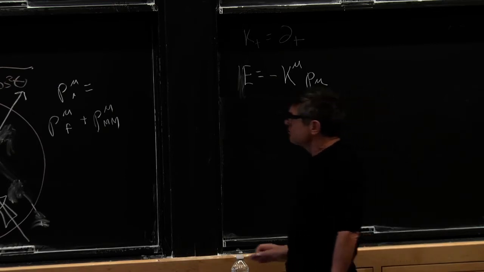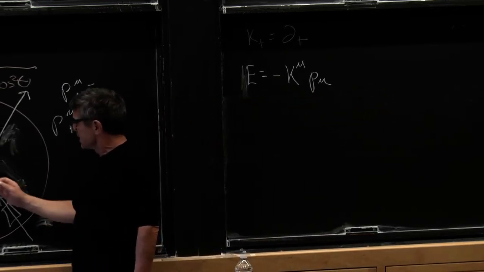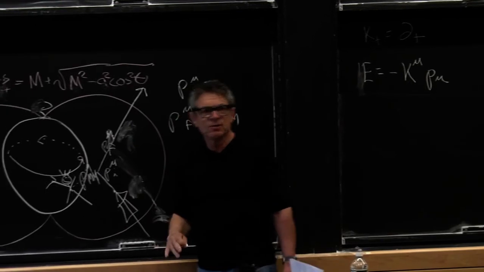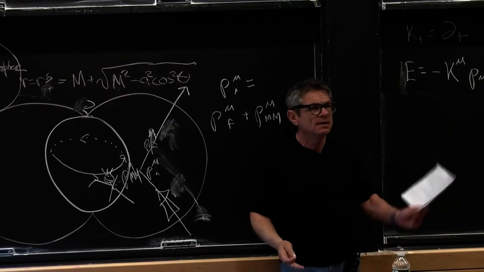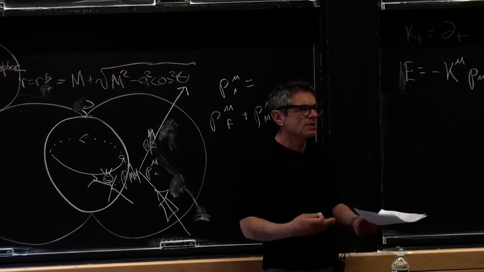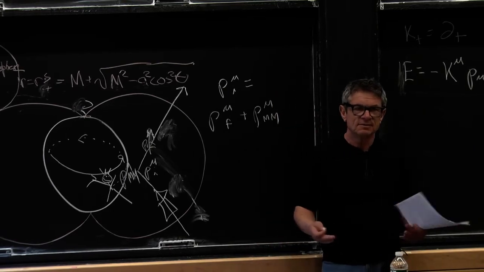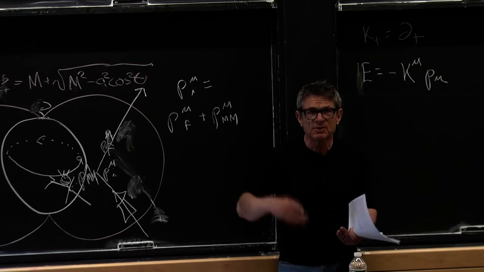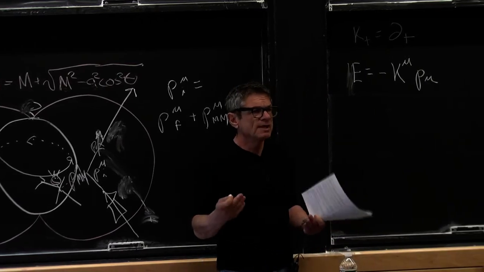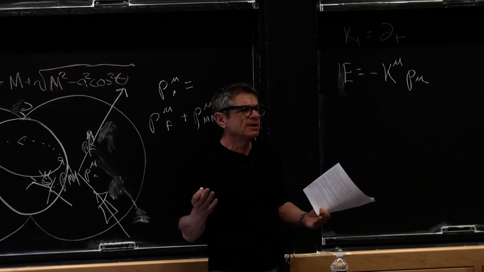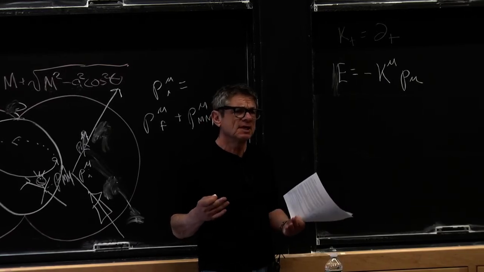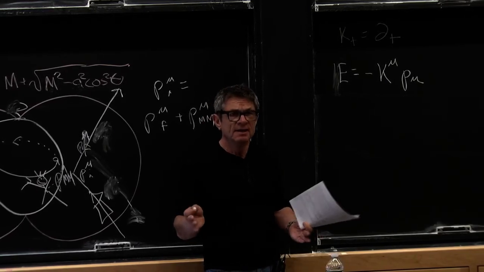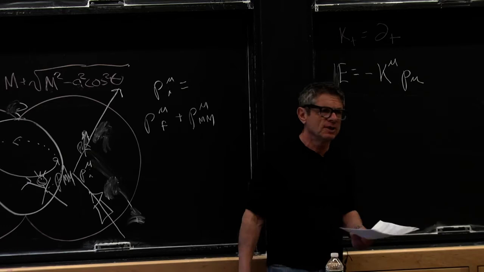So at any point along any of these three geodesics, we can take the tangent vector of the geodesic, say we normalize that to 1, multiply it by the mass, and that gives us the four-momentum along the geodesic. We contract that with any of the Killing vectors at our disposal, which in this case are d by dt and d by d phi, and we get a constant along the trajectory.